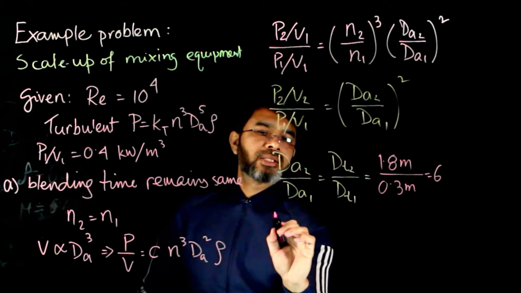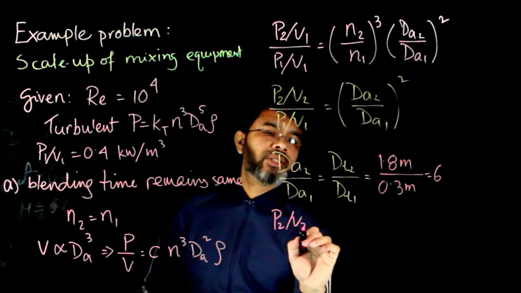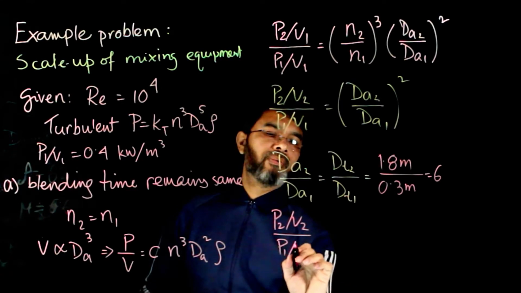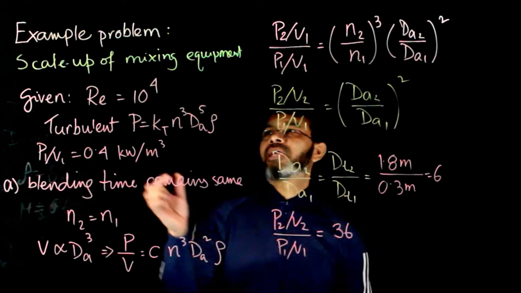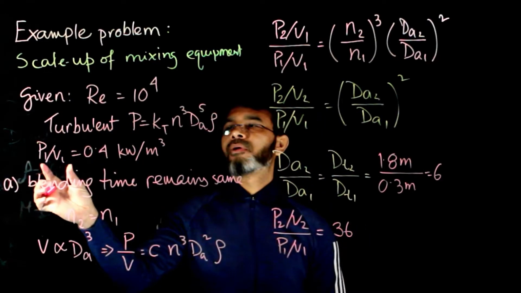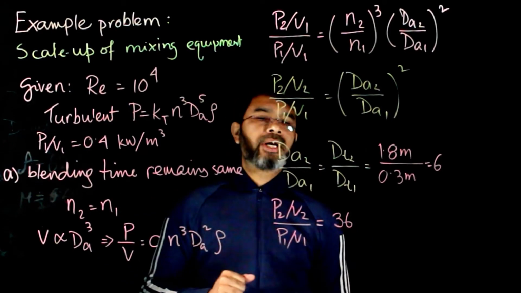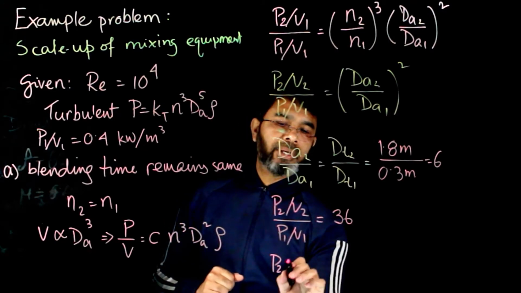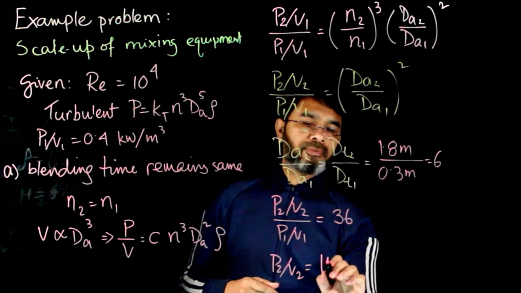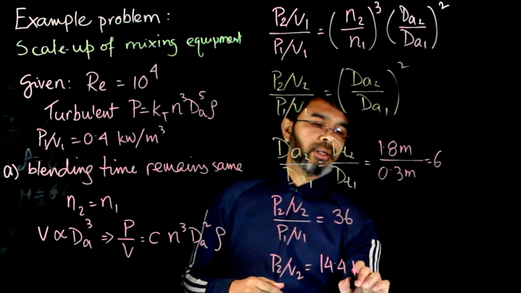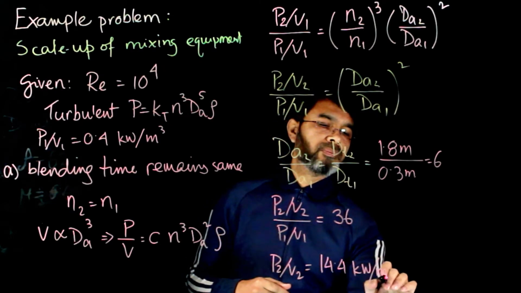So this will give us P2 over V2 over P1 over V1 to be 36. And from the given value of P1 over V1 to be 0.4 kilowatt per meter cube, we'll get P2 over V2 to be 36 times 0.4, that becomes 14.4 kilowatt per meter cube.